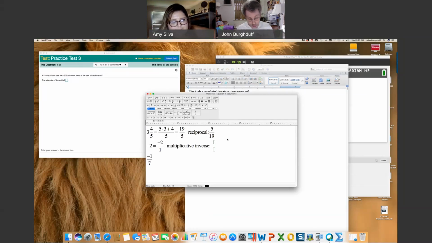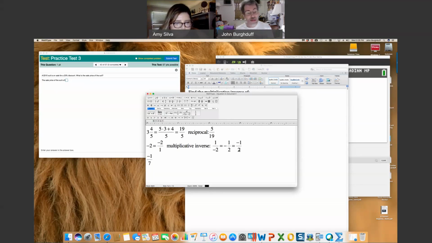Now, if you literally flip it over, you would have 1/-2, but a positive over a negative is a negative. So you could write that as either 1 over negative 2, the way I've got it, or negative 1 over 2. All of those should be equivalent, and it should accept any one of them. Oh, okay, so I get it.